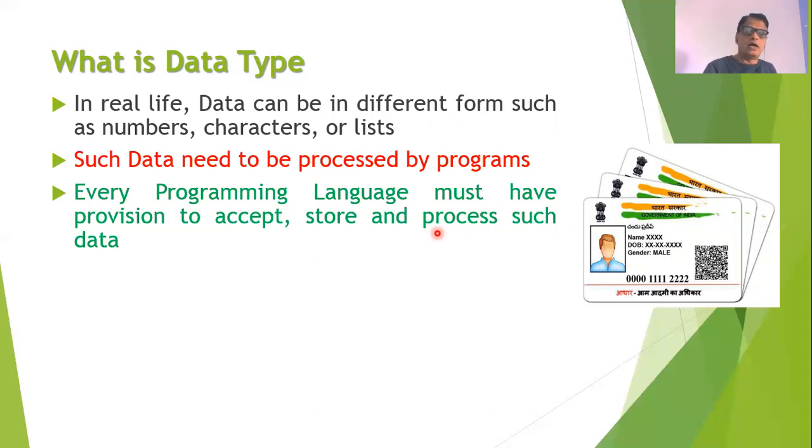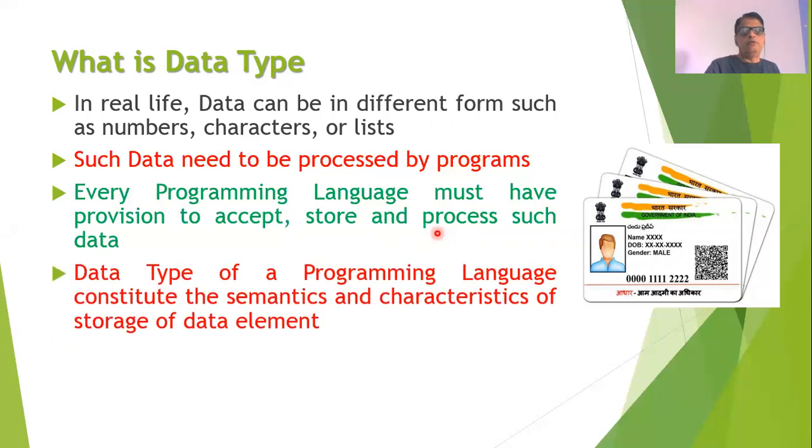Programming languages are there, and by using programming languages we can write programs. We write a program because we want to perform some specific computation, and the specific computation can be achieved when there is a provision for accepting the data, storing the data, and processing the data. So you can say that programming languages must have a provision of data types.